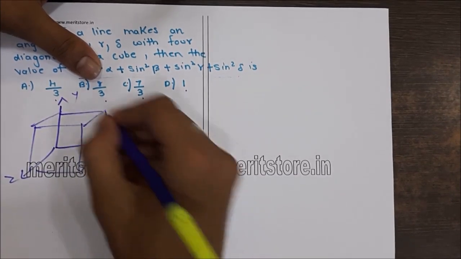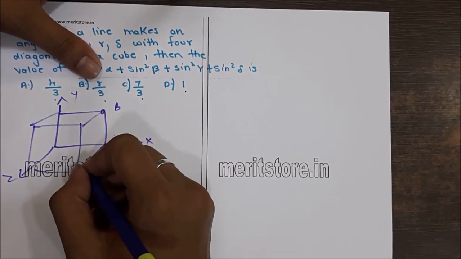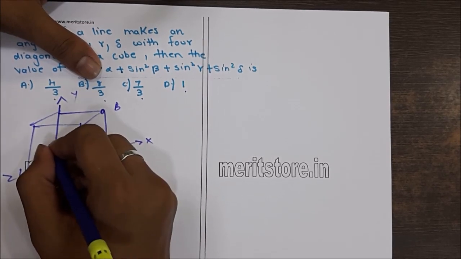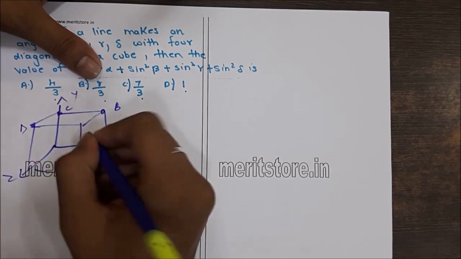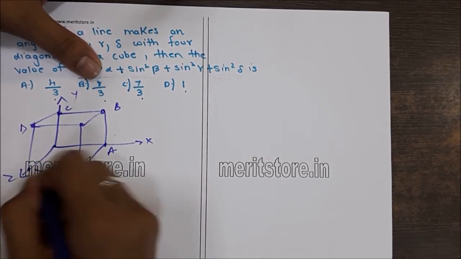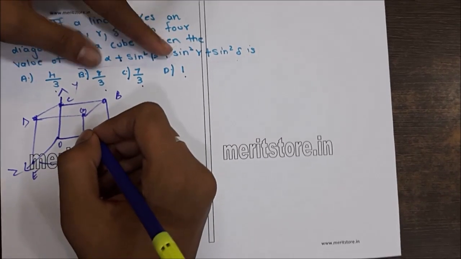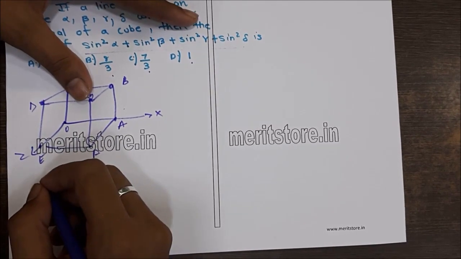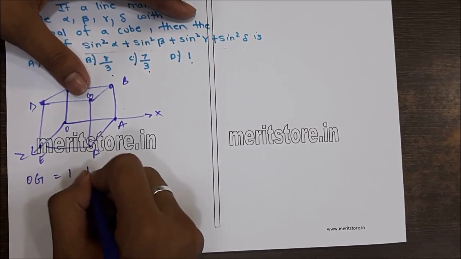Now let us label the vertices, which are A, B, C, D, E, F and G, and this would be O. So we know that the direction ratios of OG would be 1, 1 and 1.